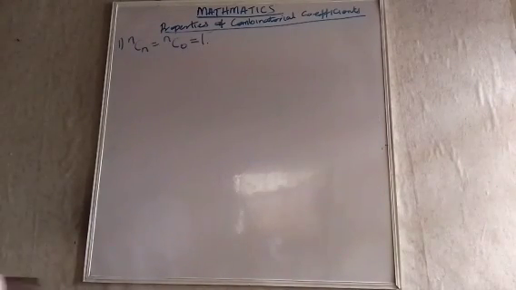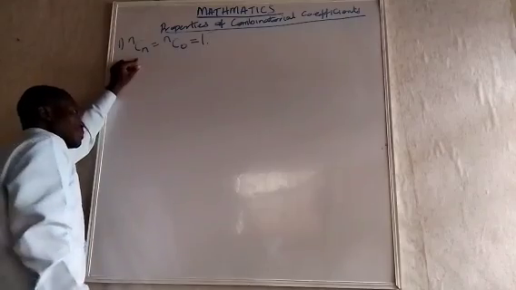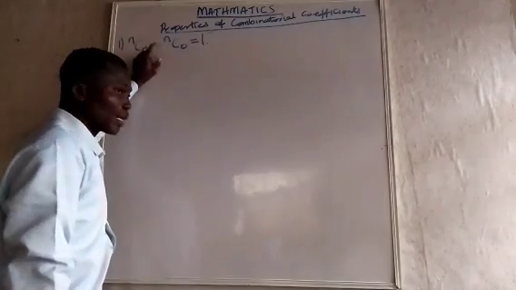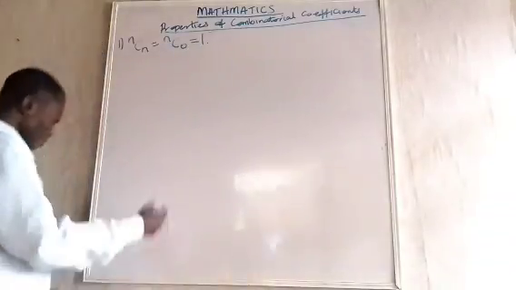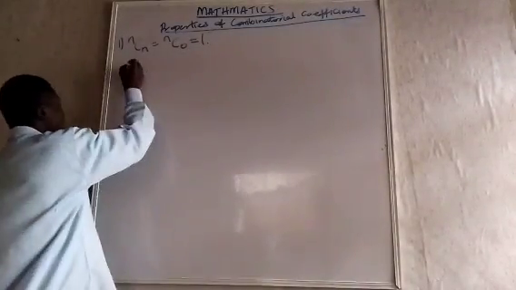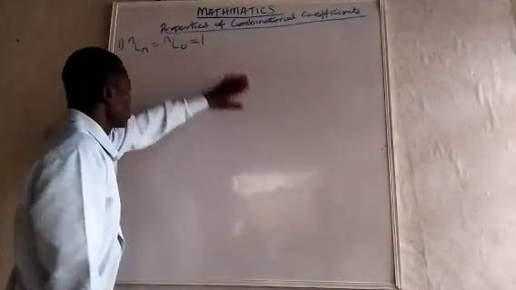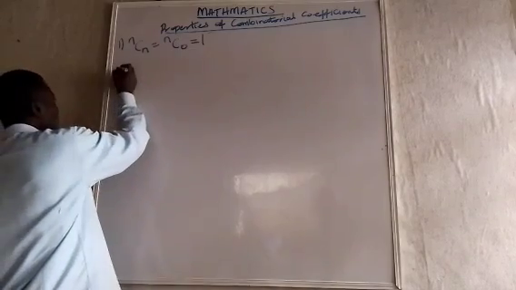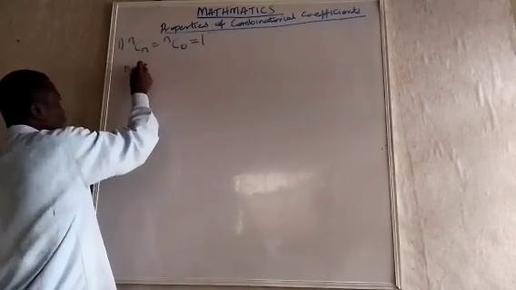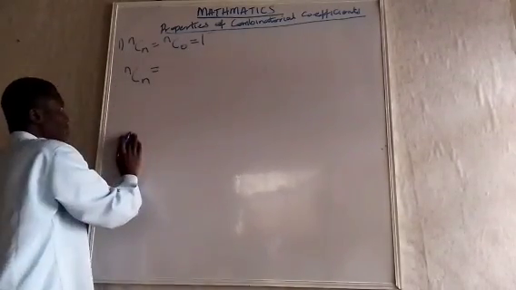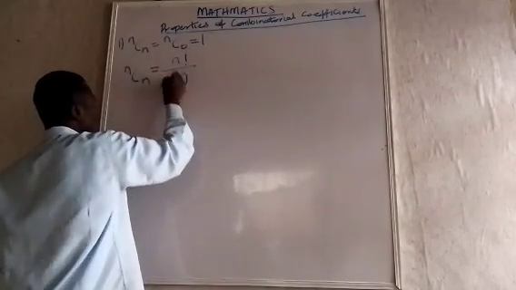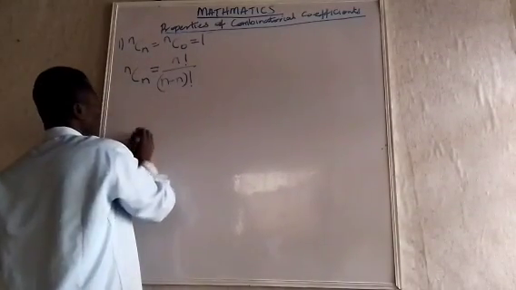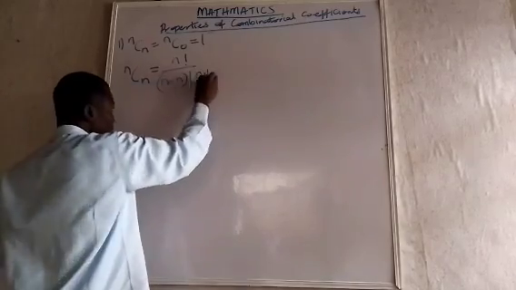So the number one property is that n choosing n is equal to n choosing nothing, which is equal to 1. And let's look at how it becomes about this result. You know that nCn equals nC0, which is equal to 1. Let's try with the left hand side first. n combination n, that is when we choose n from n, we are going to have n factorial over n minus n factorial multiplied by n factorial.